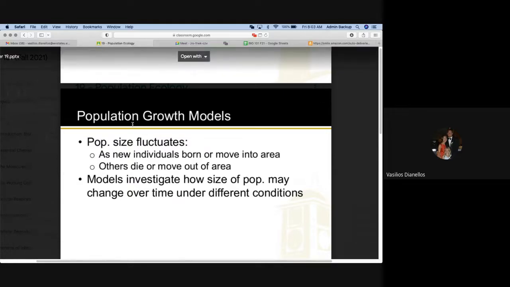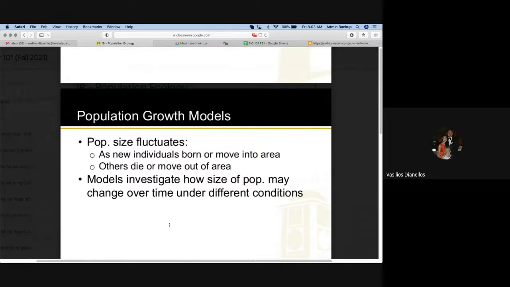All right, so these models we're going to talk about investigate how the sizes of the population can change over time under different conditions. Remember what we talked about on Wednesday about why this is relevant. This isn't strictly an academic discussion. If you are involved in criminal justice, business, or the Department of Defense, you're going to be interested in population change.